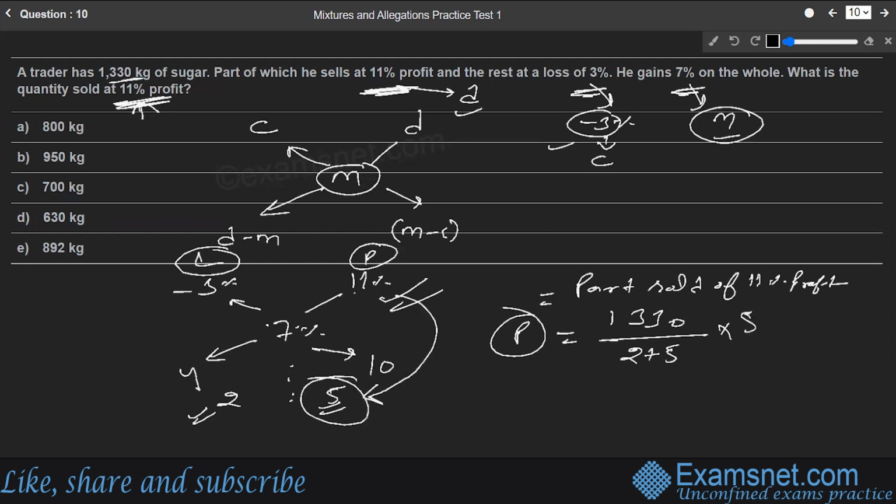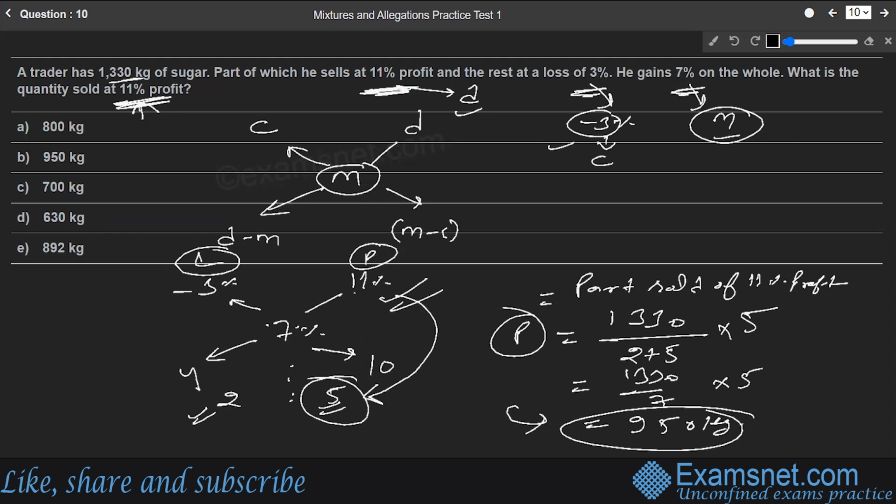So we'll multiply this ratio by 5. If we do this, we get 1330 divided by 7 into 5, which comes out to be 950 kg. So the quantity of the profit one was nothing but 950 kg, and that is available in option B and is the right answer.